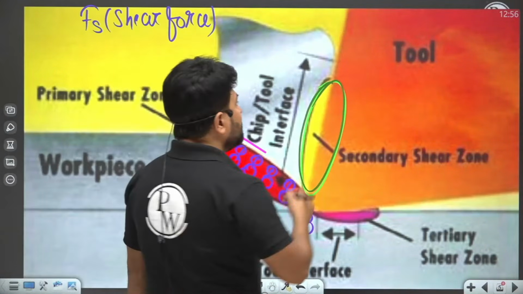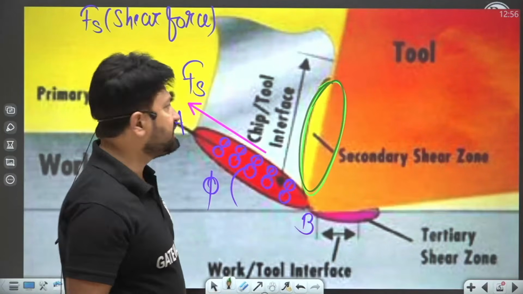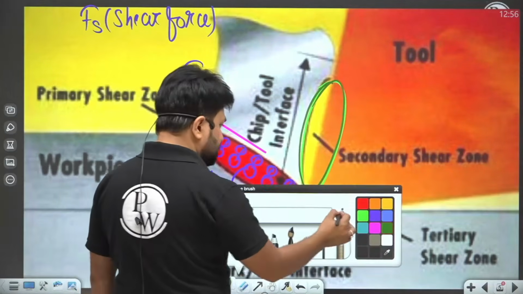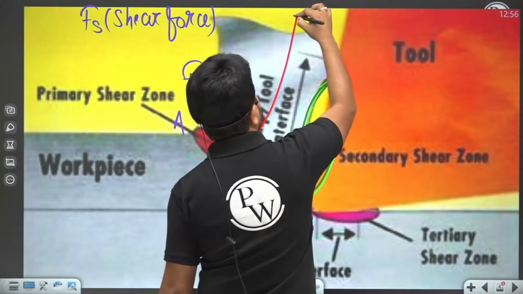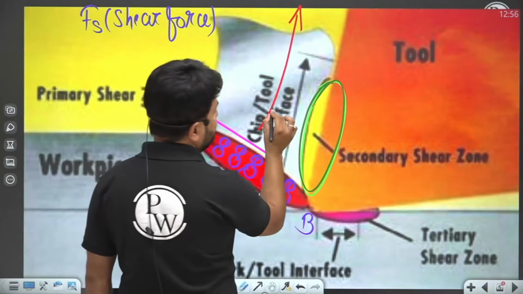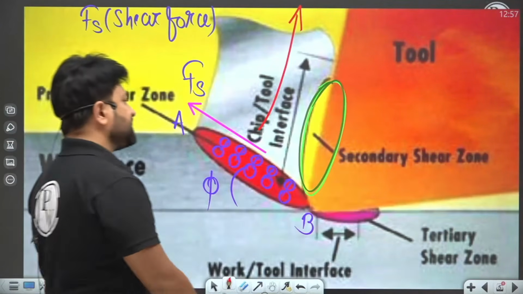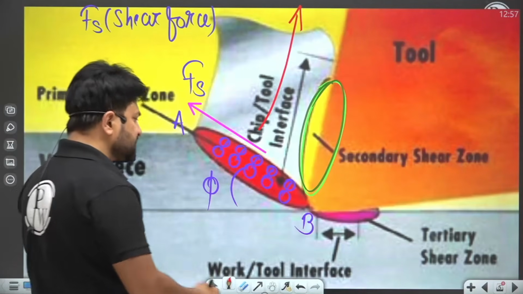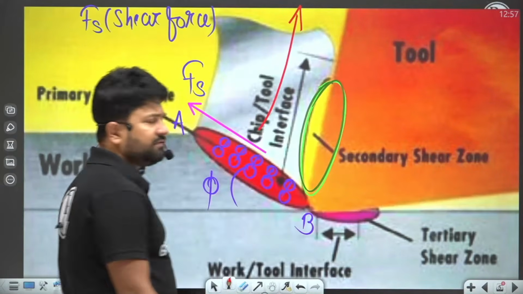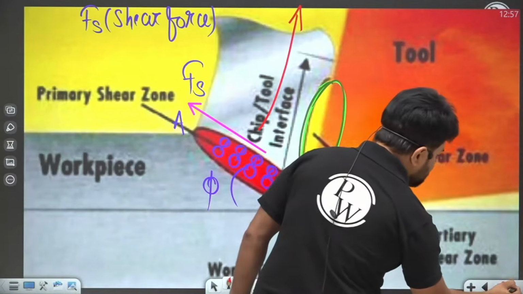It is a zone where rubbing, where friction occurs between the chip, which is flowing in an upward direction, and the face of the tool. Here the tertiary deformation zone is very small, so generally we are not going to talk about it.